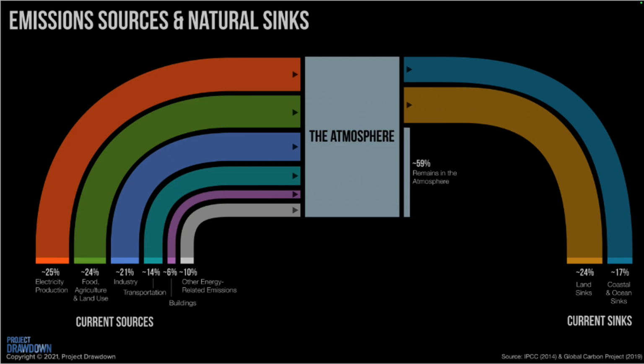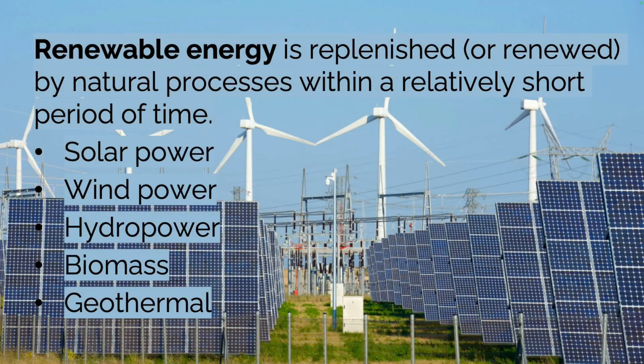So how does restoring and protecting natural spaces help slow climate change? Healthy natural spaces absorb carbon dioxide, which is a major greenhouse gas, and this helps prevent that carbon dioxide from going into the atmosphere.